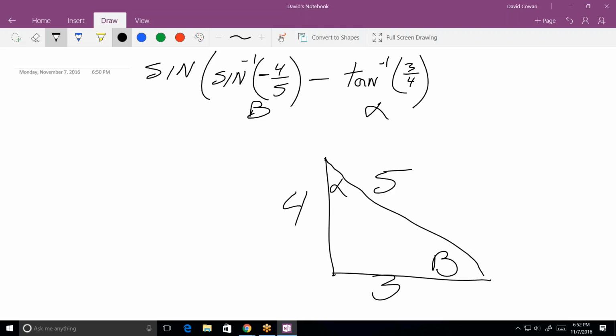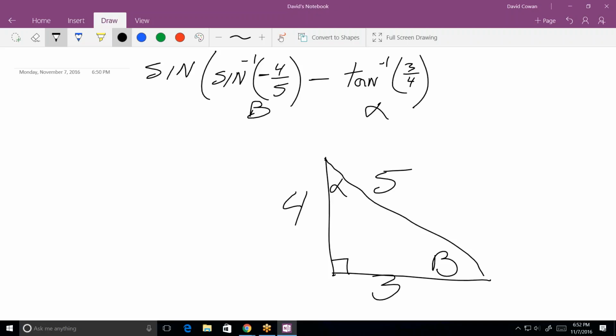The sine's negative. Now, there is a relationship between alpha and beta. They're complementary to one another. Alpha equals 90 degrees minus beta, or beta equals 90 degrees minus alpha. Let's see if that helps any.